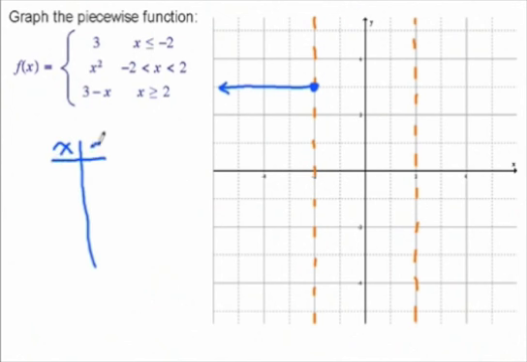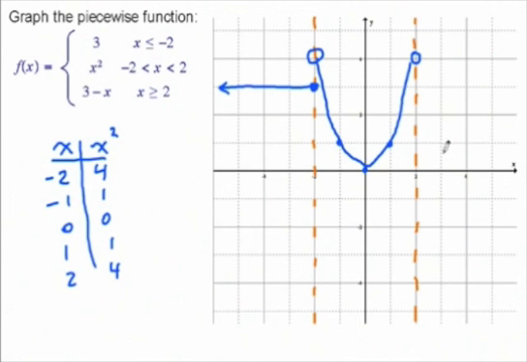Okay. And then lastly we have this graph of 3 minus x, and there's two ways of doing it. You can plot the y-intercept and imagine yourself using the slope of negative 1, and then just only start drawing the graph as you pass this orange dotted line. I prefer plugging in the boundary and seeing what happens.